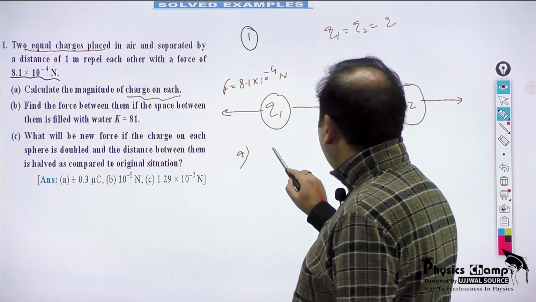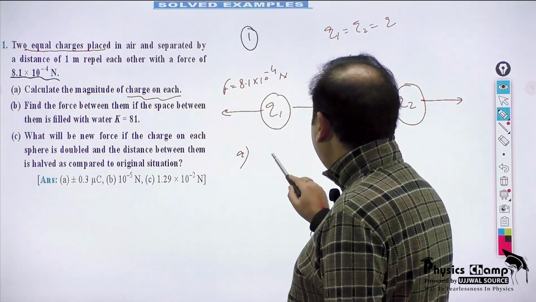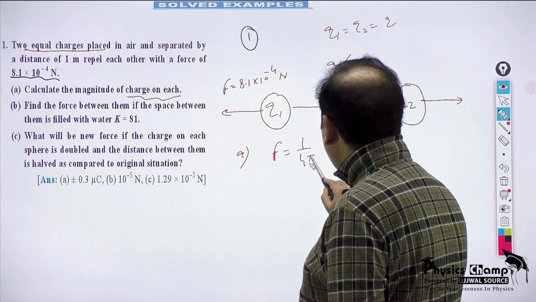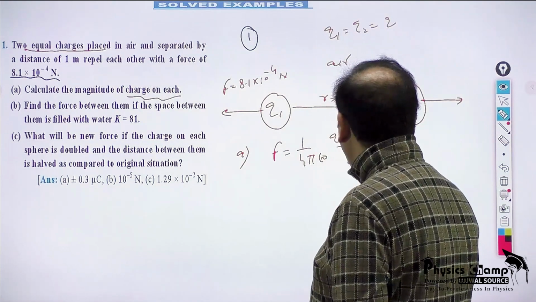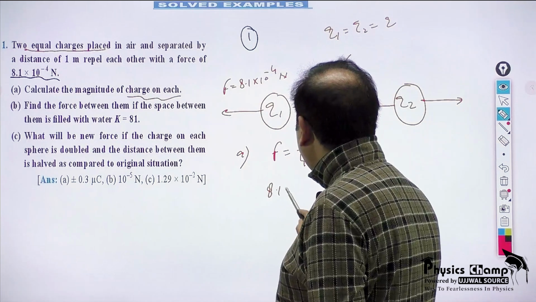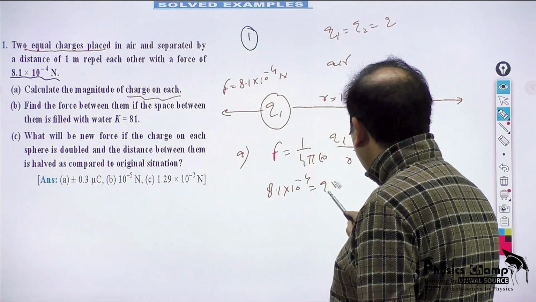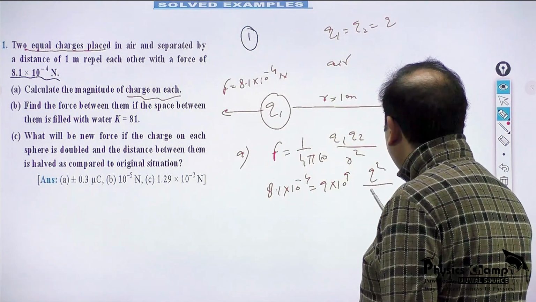They are placed in air, so the medium is air. When I look for the force, it is 1 by 4 pi epsilon naught Q1 Q2 by r square, and this force is 8.1 × 10^-4 Newton, which is equal to 9 × 10^9, and Q1 Q2 will be Q square, and the gap is 1 square.